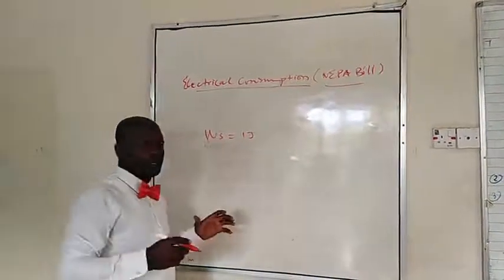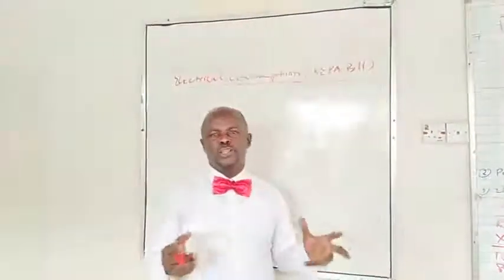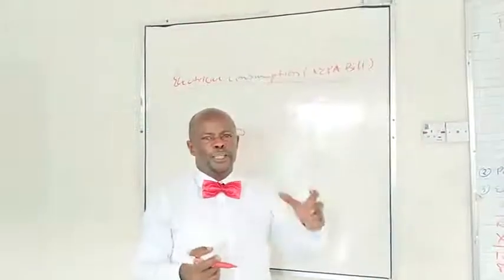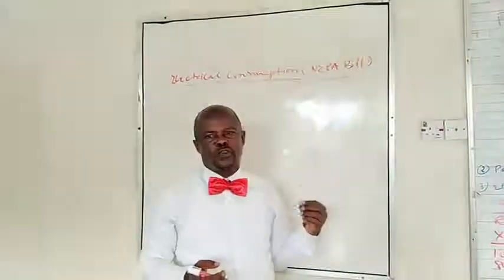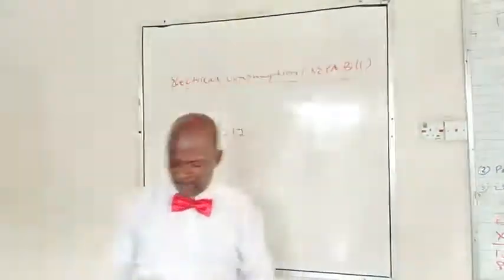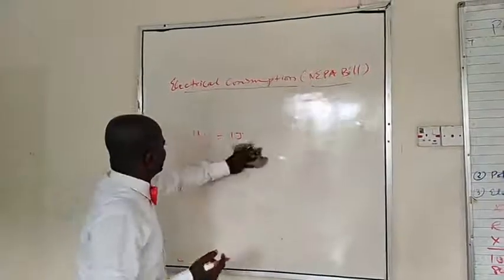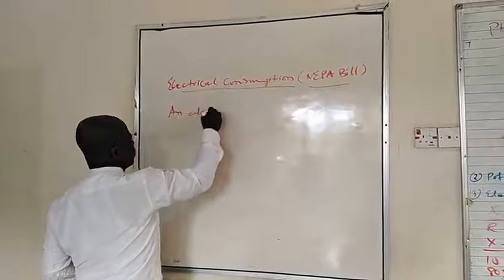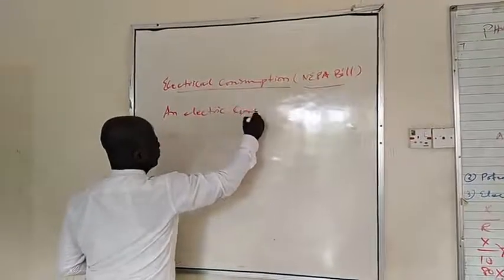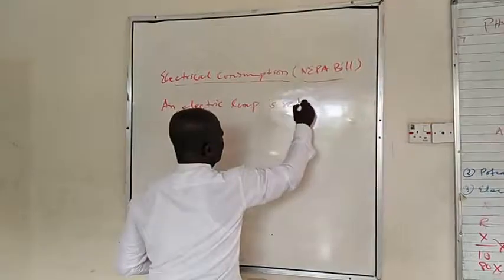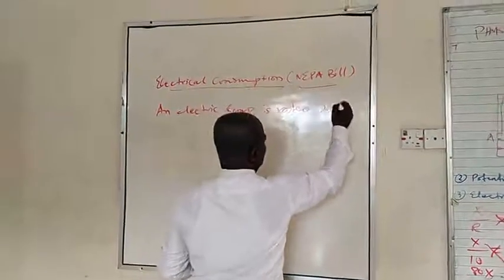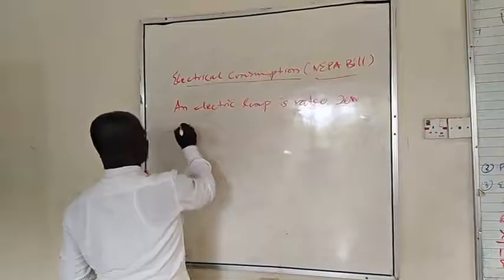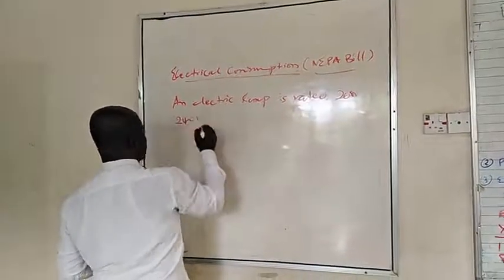Now, when you have a number of appliances you use in the house, each of these appliances is rated, because the voltage at the mains is 240 volts. Now, let's take a typical example. An electric lamp is rated 20 watts and 240 volts.